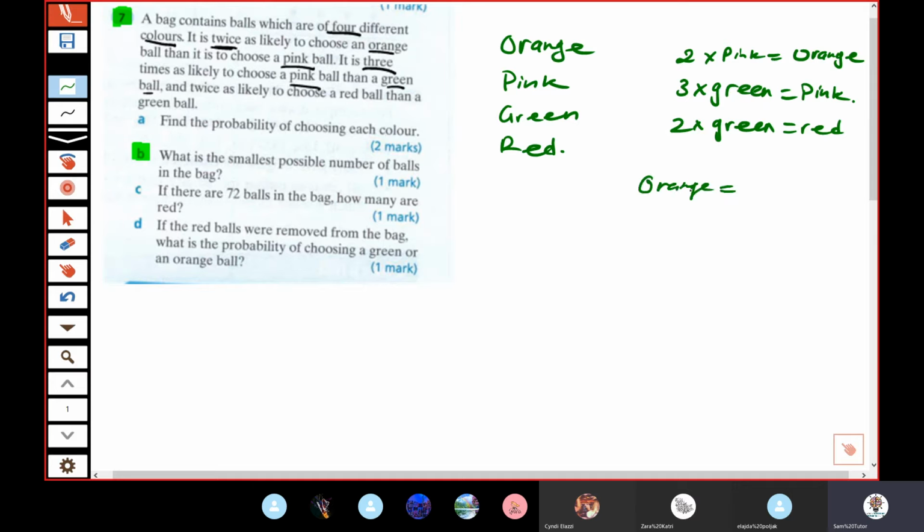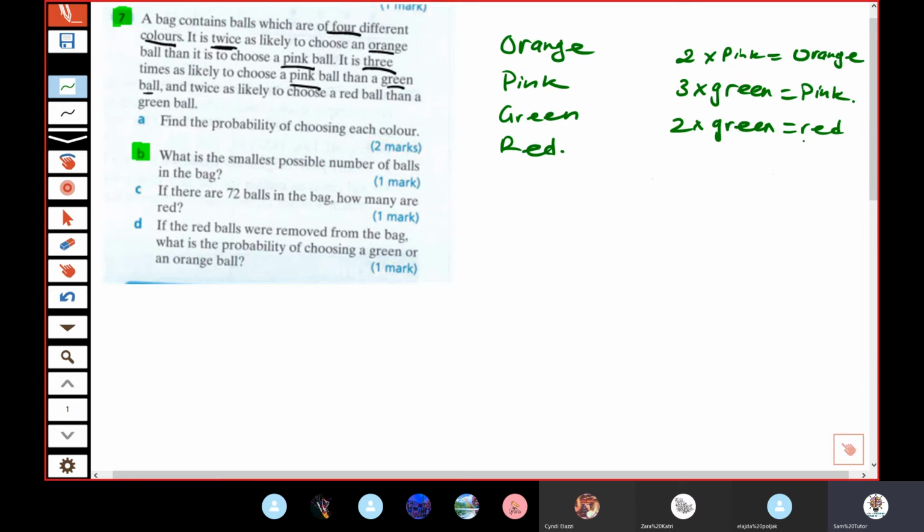Therefore, orange is 6 green. I can do it. I just think it's a bit too hard for today, and it's not exactly what I was hoping to do, but I'll finish it off just to show you guys that if you don't understand it, it's actually okay.